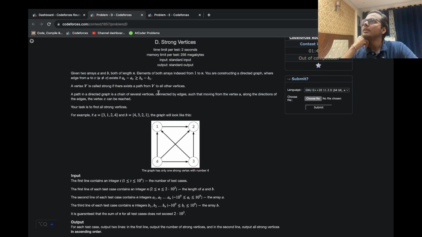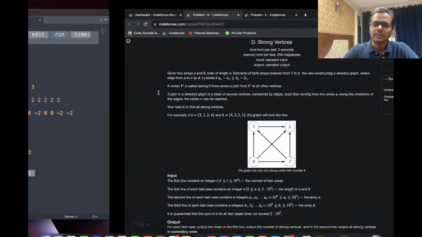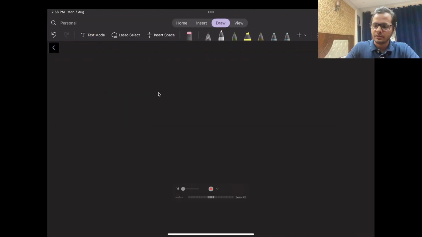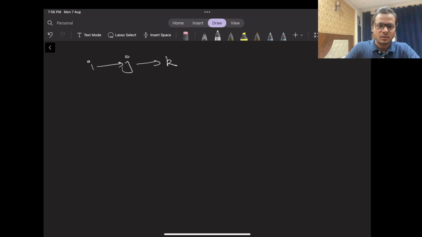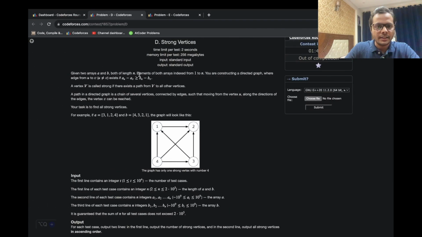So the first thought that I'm having is, if there is an edge from, let's say, i to j and then from j to k, what does that mean? So the basic condition is that AI minus AJ should be greater than or equal to BI minus BJ, right?